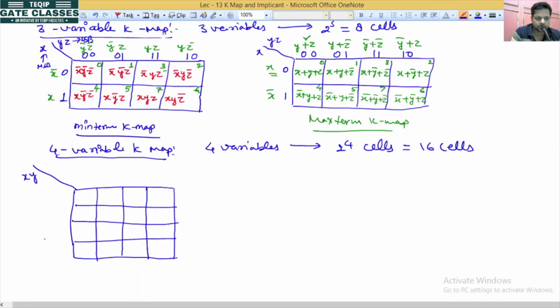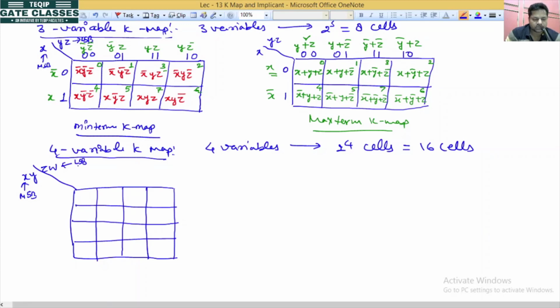We represent 2 variables here because we have 4 combinations, Z W, and the remaining 2 are here. It will be our MSB. I am preferring this one, but it is not necessary. You can go for the other side also. You can let Z be the MSB. Okay na? So I am supposing that X is MSB and W is LSB.